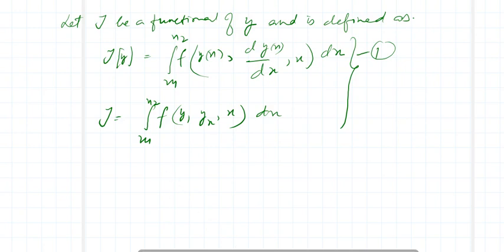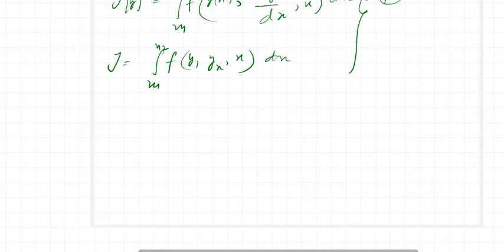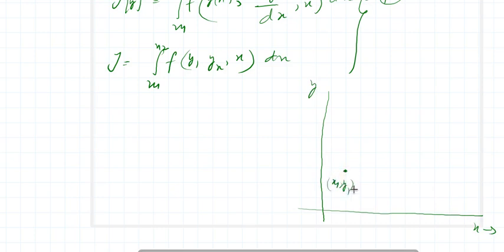So let us draw a diagram, and that diagram will clear something for us. Let's say this is the x-axis and this is the y-axis. Say the particle will be here at position x1, y1, and say after some time it will be at x2 and y2. There are different possible paths. One possible path is this one.